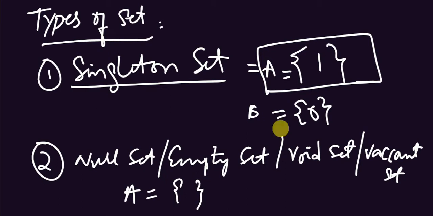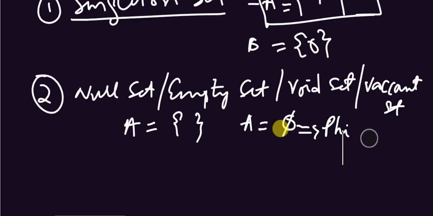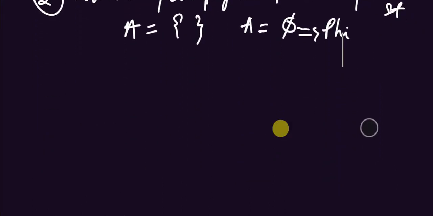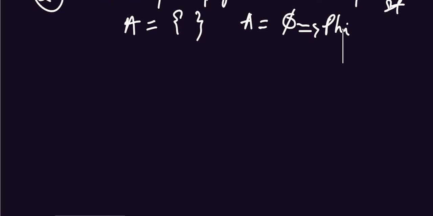It can also be denoted without brackets, just like this: phi. The name of this symbol is phi. Phi is a Greek letter used in mathematics to denote the empty set. You can also write the empty set like this. So empty, vacant, void or null set means containing no element.